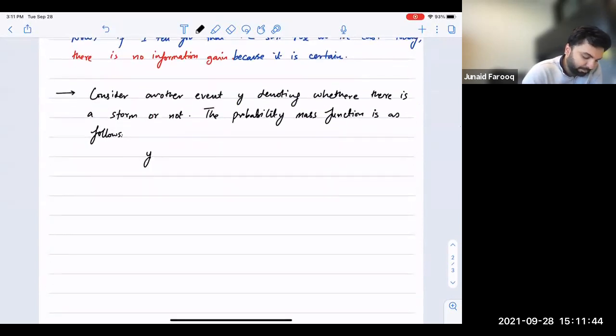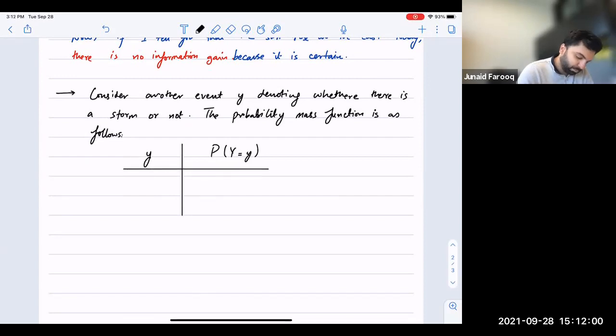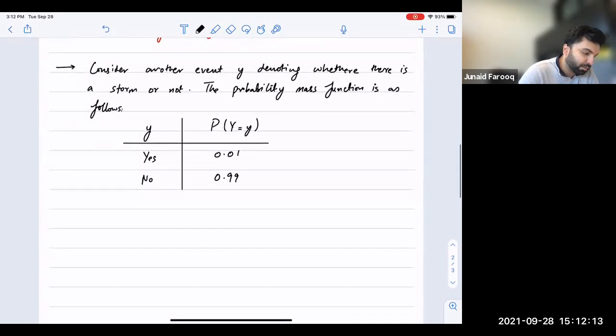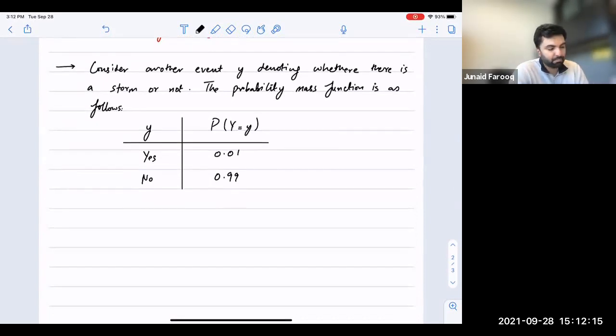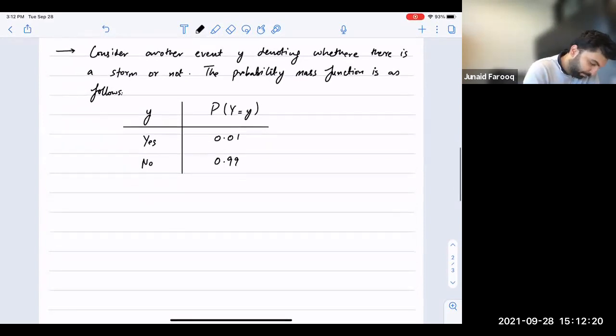There is the event, and then there is the probability that y is small y. The small y can be a yes or a no. If it is a yes, the probability is 0.01. If it is a no, it is 0.99. So essentially, it's very unlikely to have a storm on a particular day.